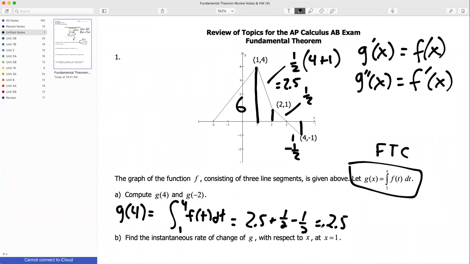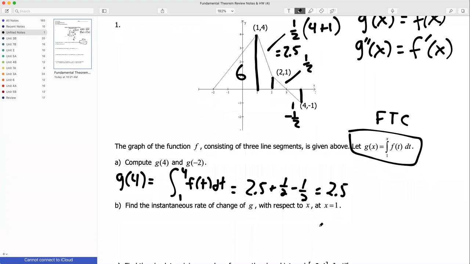And then it says g of -2. Notice that the bounds are reversed. It's going from 1 to -2, so it's going backwards.